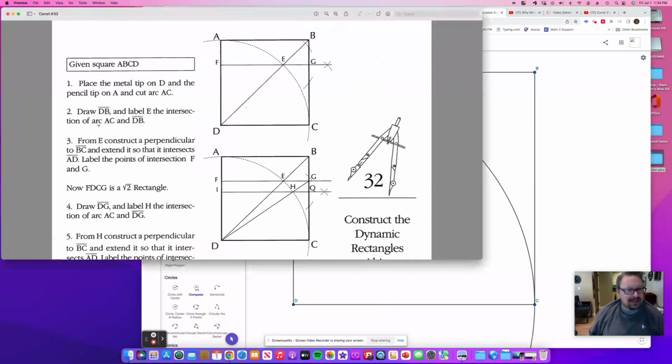Step 2 here says draw DB and label E as the intersection. Okay.